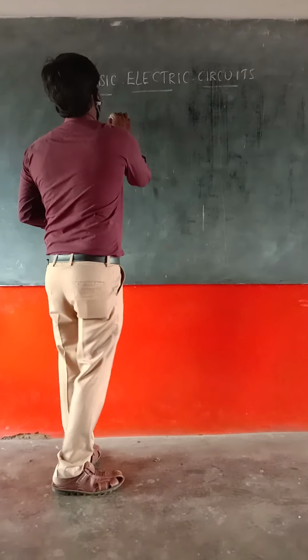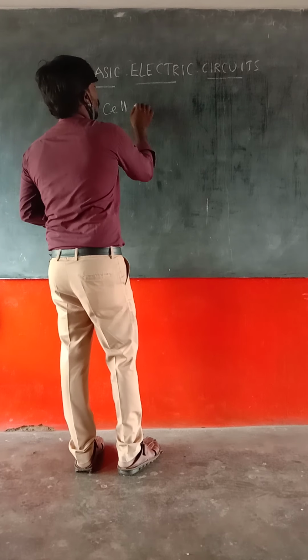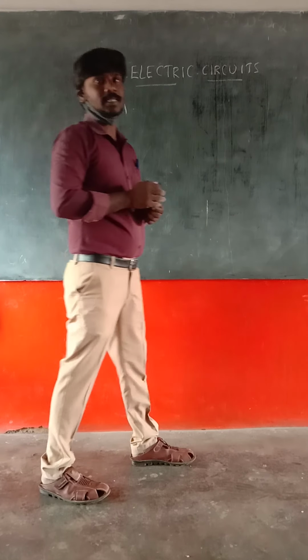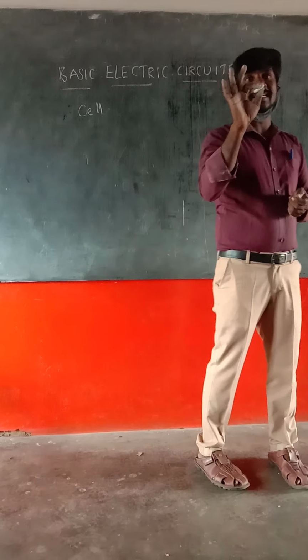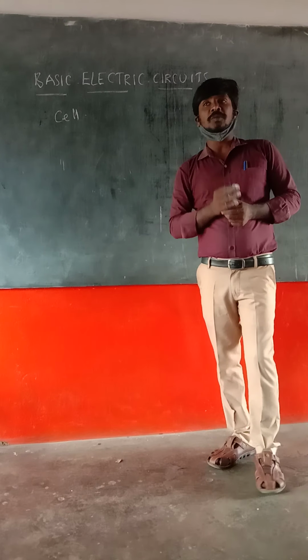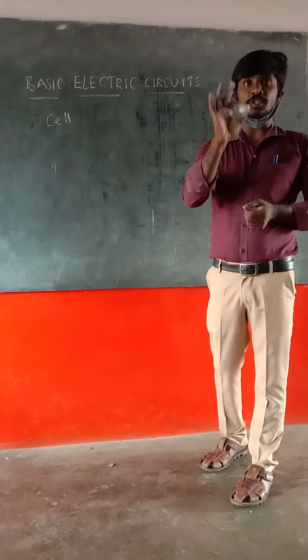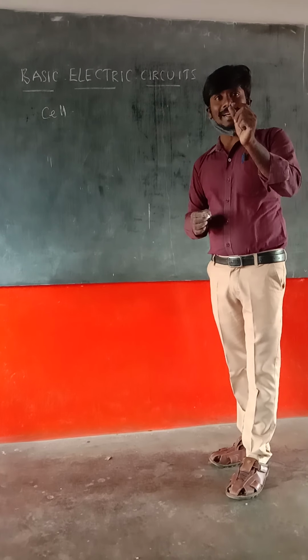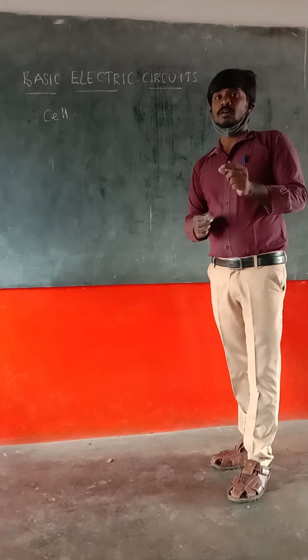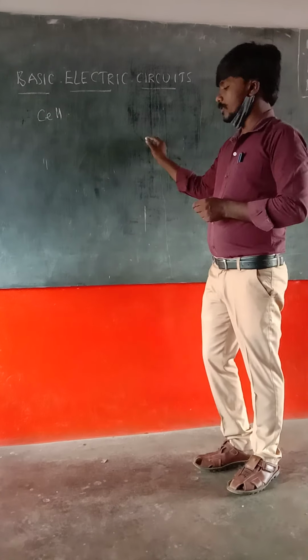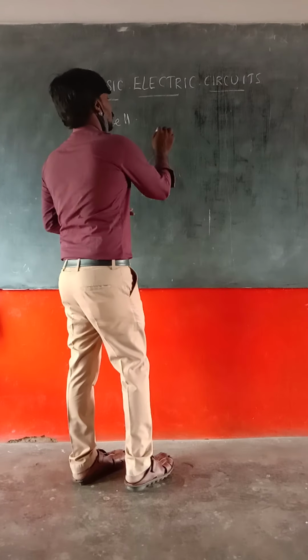Suppose the cell consists of two types of terminals. One is the positive terminal and the second one is the negative terminal. Okay, so first of all, this is the example of a cell diagram.